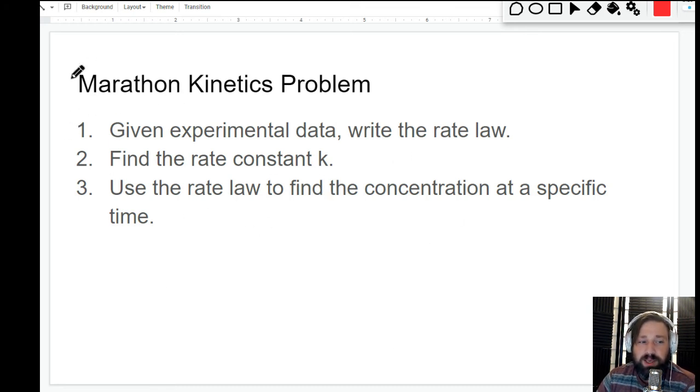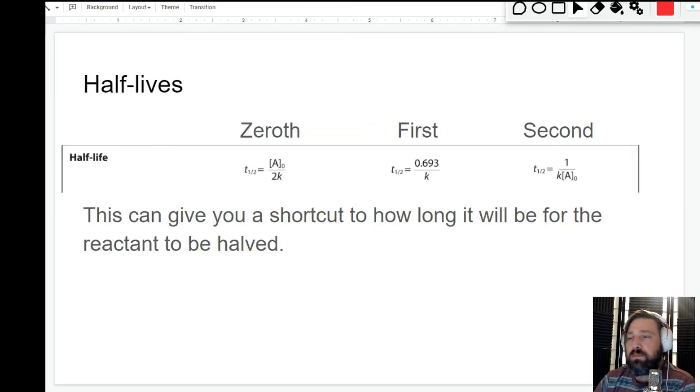So you can see how I can start out by asking for the differential rate law, and then give you a time and ask you to use the k that you found to give me the concentration at a specific time. Another thing you can do is think about half-lives.